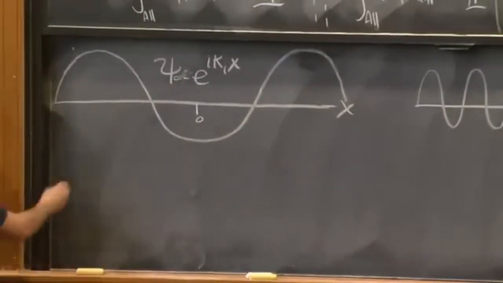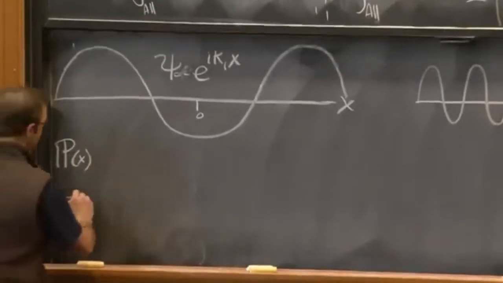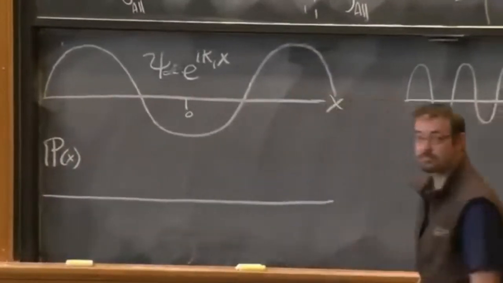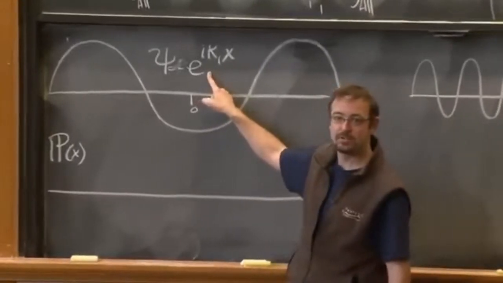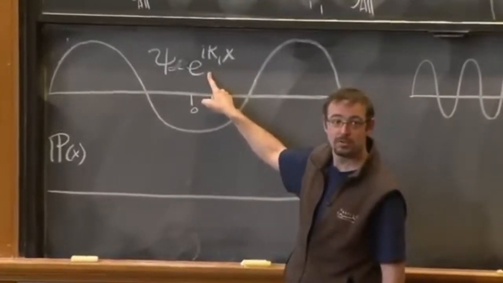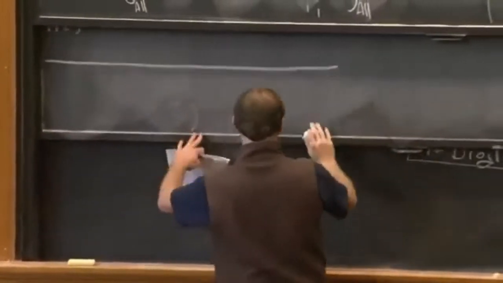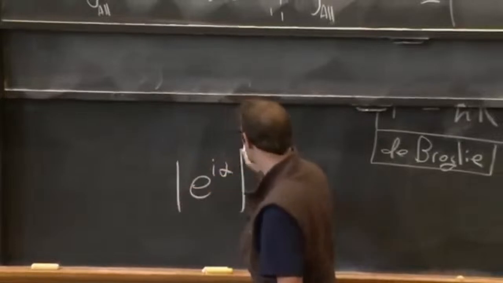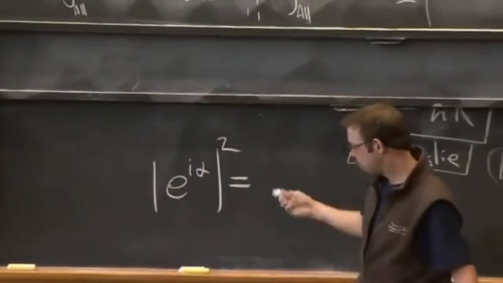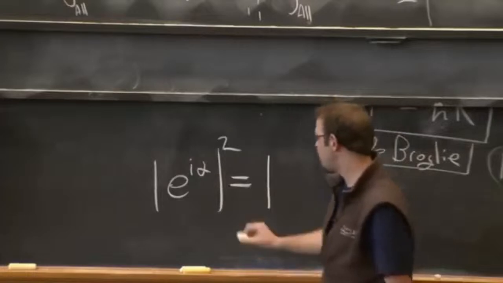So now the question is, what's the probability distribution, P of x, associated to these wave functions? So what's the norm squared of e to the i kx? If I have a complex number, a phase, e to the i alpha, and I take its norm squared, what do I get? 1, right? So remember complex numbers.